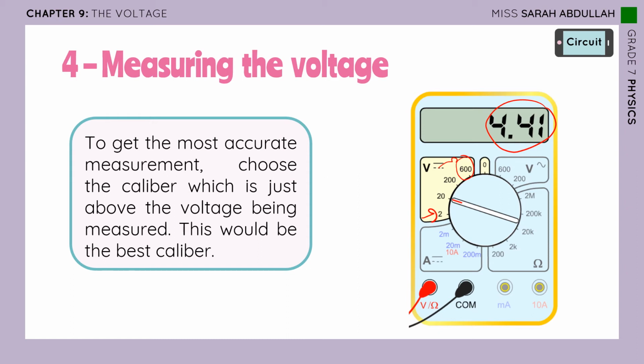This is why it's better we always start with the biggest caliber because we don't know the voltage we're actually measuring, and then we go to a smaller one until we reach the most precise caliber there is. Usually it is the caliber that is closest to the value, but of course greater than it.